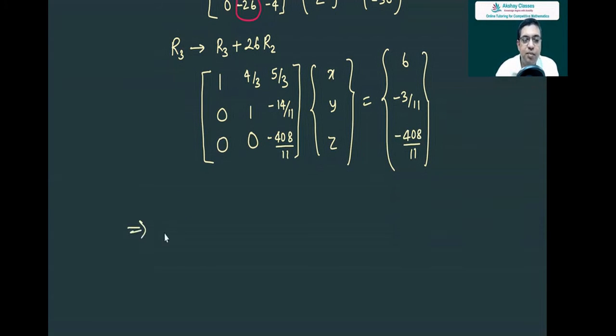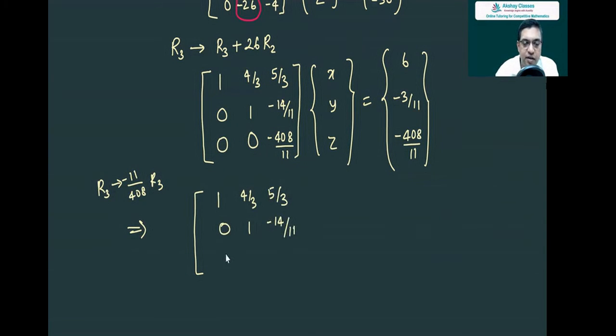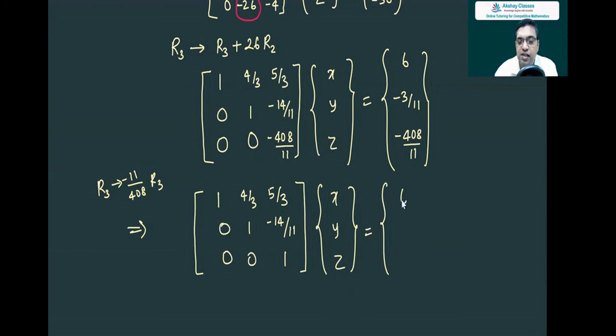So this implies we divide R3 by 408 upon 11. So you get this: 1, 4 by 3, 5 by 3, 0, 1, minus 14 by 11, 0, 0, 1, times X, Y, Z, equals 6, minus 3 upon 11, 1.